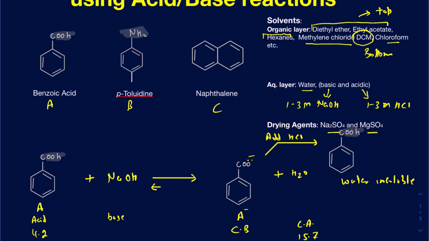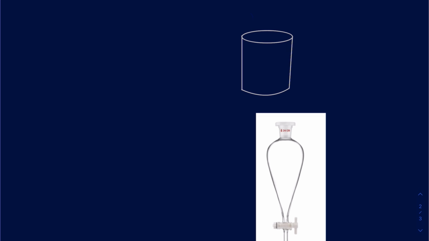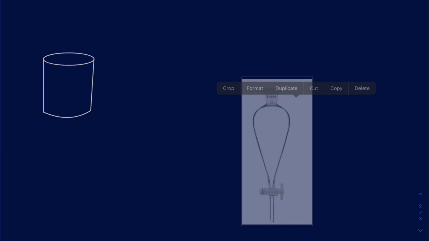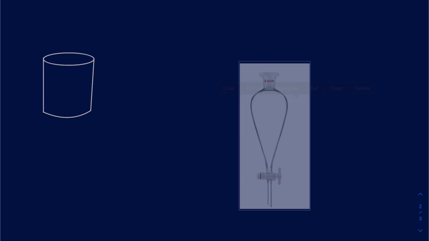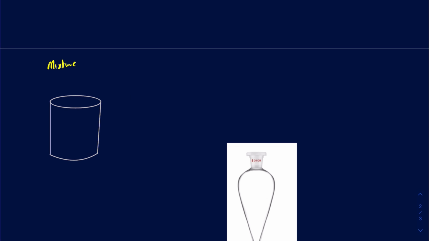So once they have been dissolved in dichloromethane, suppose this is the beaker I'm starting out with. So I had a mixture that has been added in there, a mixture of A, B, and C. That's a solid mixture.